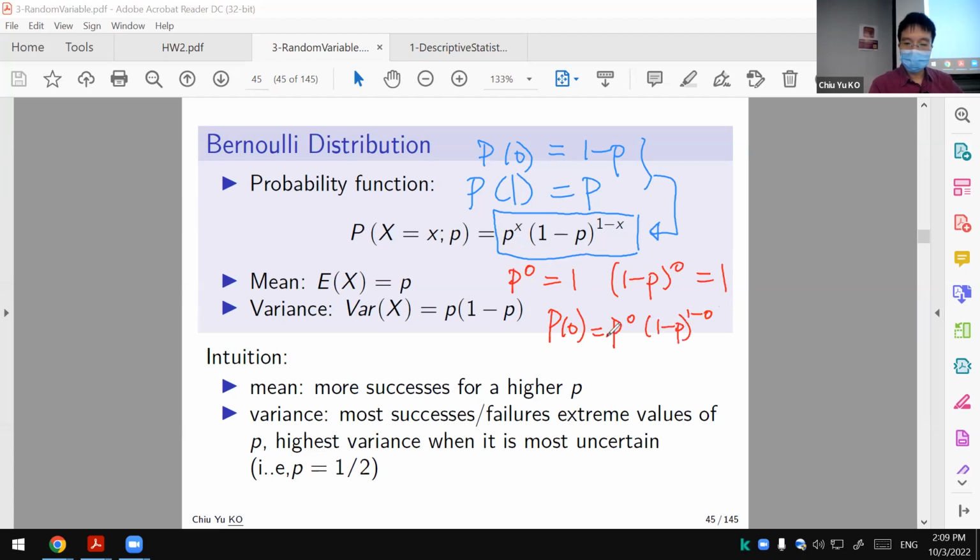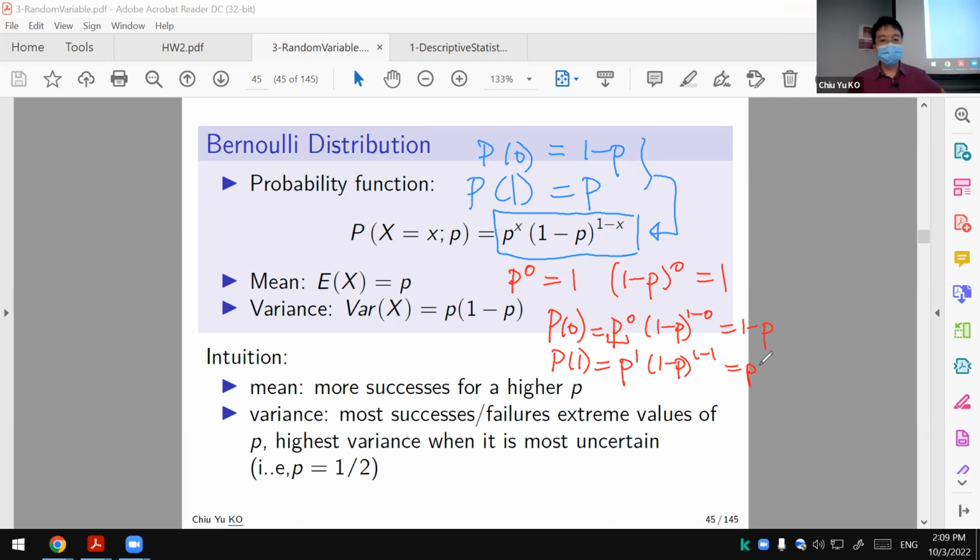This is 1, okay, and this is itself raised to the power 1, so that's 1 minus P, okay. And P of 1 is small p raised to the power 1, times 1 minus P to the power 1 minus 1, and this is P, okay. So this is how you end up with this expression, okay?